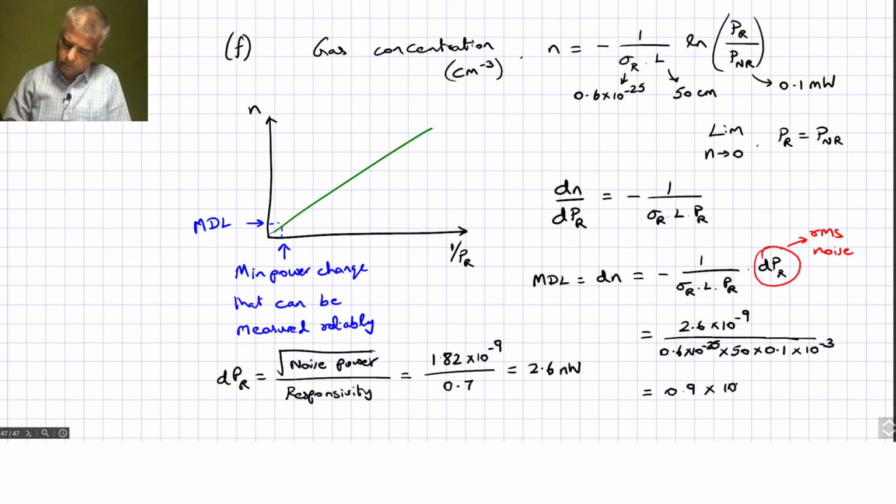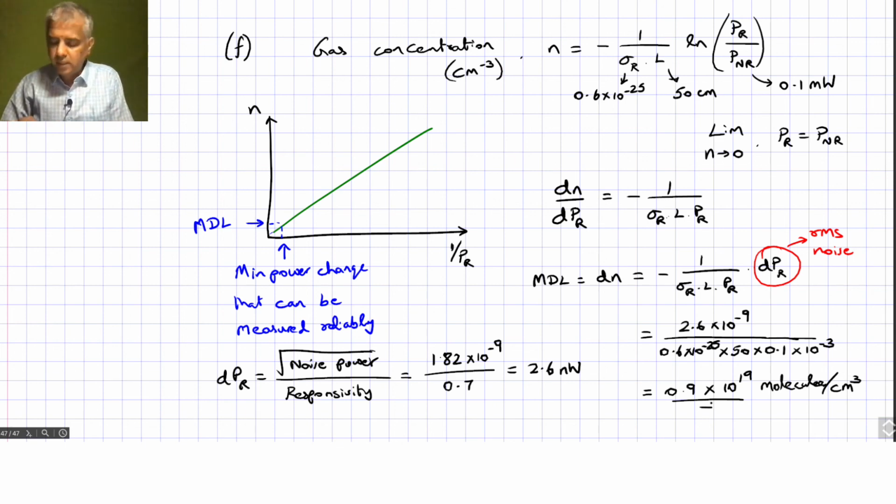So, it's 10 power 19. So, that's 10 power 19 molecules per centimeter cube, right. So, that is the minimum detectable limit.